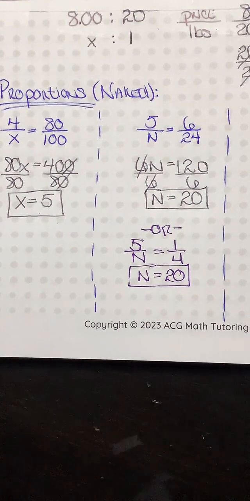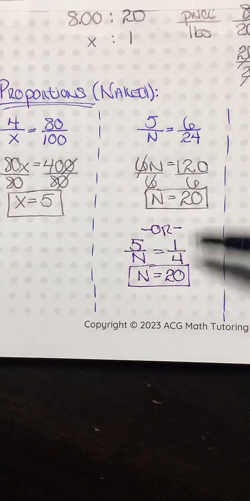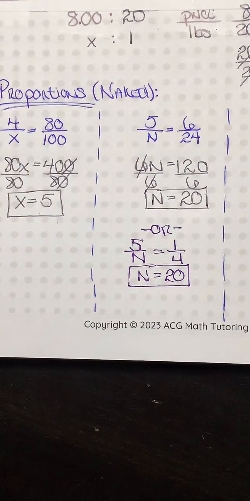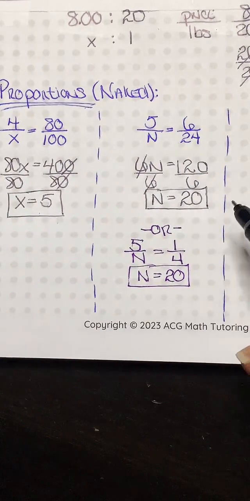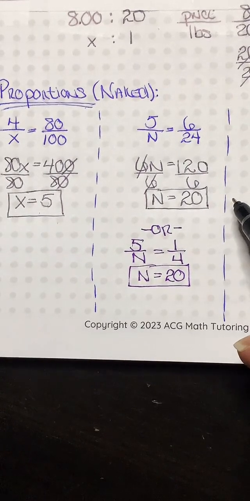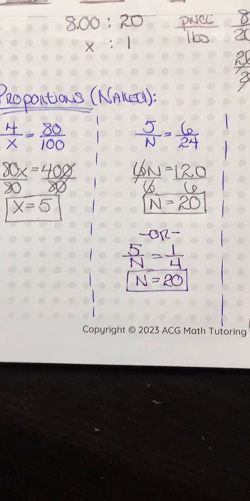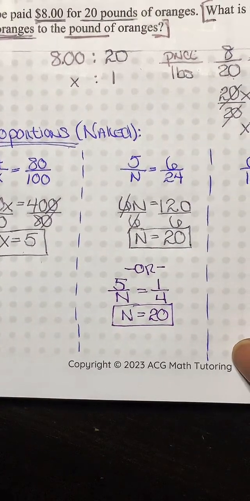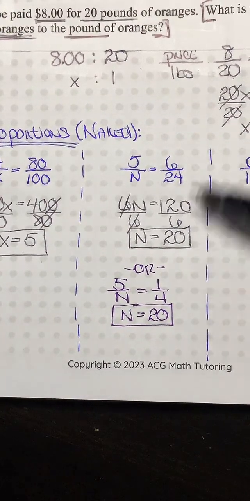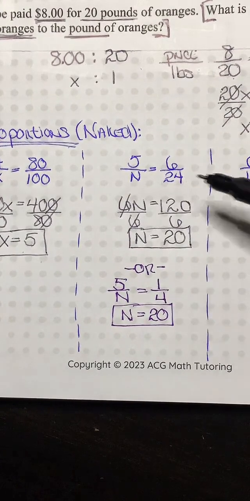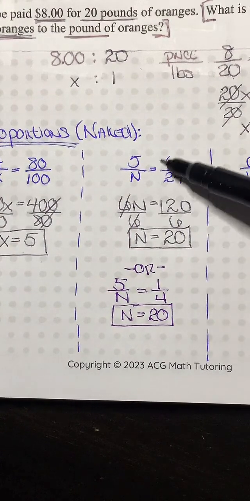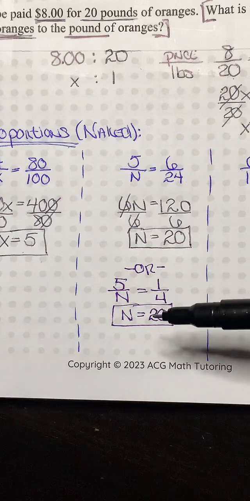Okay. So that's why I like to show both ways, because you don't know what's going to resonate with you. Some people will be like, okay, Audrey, show it to me and I'm going to do it that way each and every time. But just like the question that was asked, how do you know when to simplify? Sometimes you gotta just take a look at what your options are.